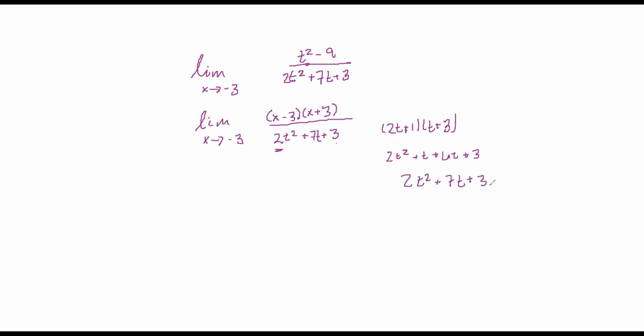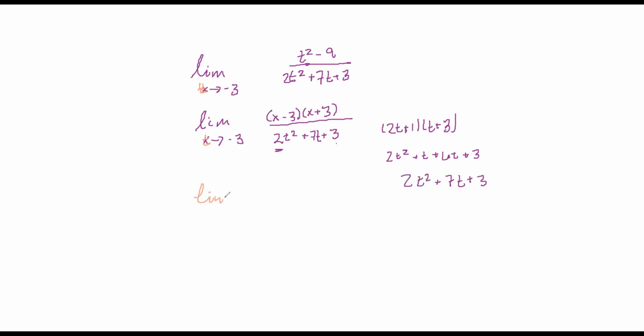Yeah. So the issue you were running into was just simplifying that denominator. So it's good. I don't know how we ended up with x's and t's. I'm just going to change that to a t.